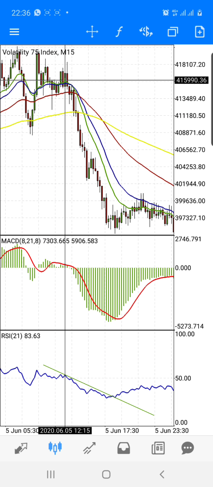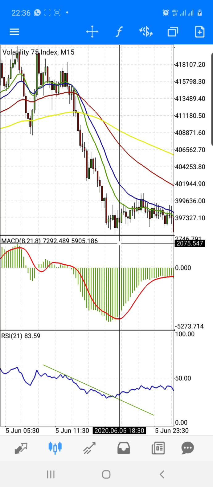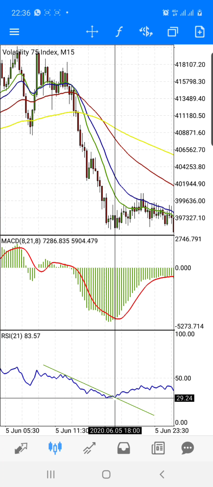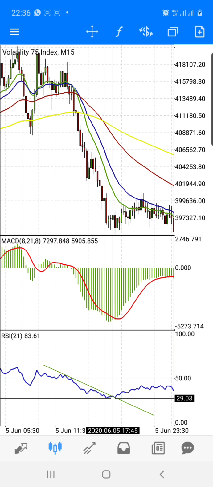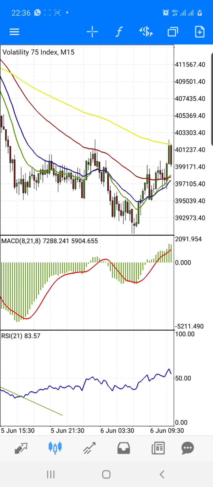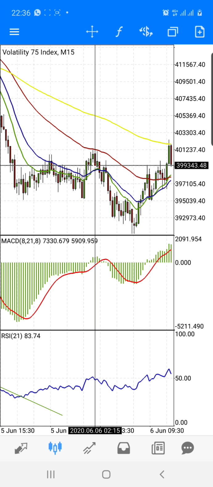Let me assume you start selling from this particular point. You stay on sell till this particular point. If you take your profit at this point, you notice the market was ranging. You wait again. This is another signal telling you to sell.